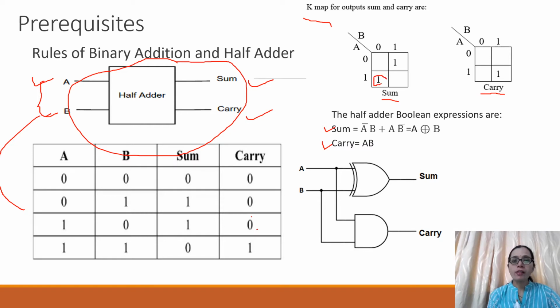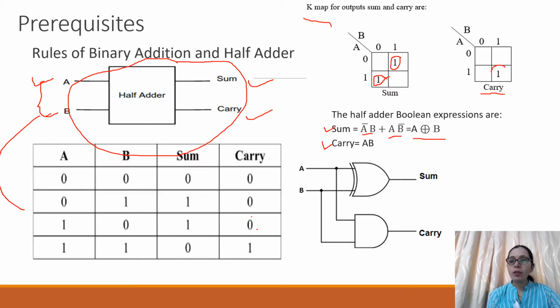But here no adjacent ones are there, therefore these two ones are grouped singly. One is for the expression A B bar and another is for A bar B. Therefore, two separate ones and two terms are shown here, one for A bar B and another for A B bar, and hence the expression is A XOR B.